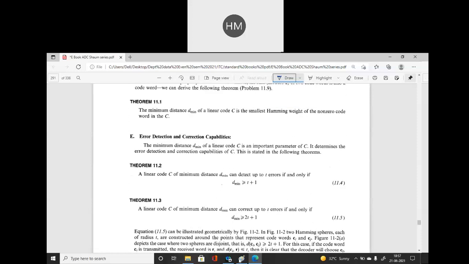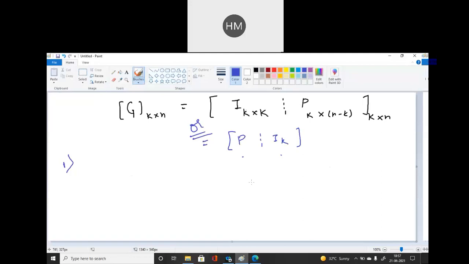So now we will simplify one numerical. Please write down in your copy the G matrix for a (7,4) LBC. The generator matrix for a (7,4) LBC is given below. Find all code vectors of this code.